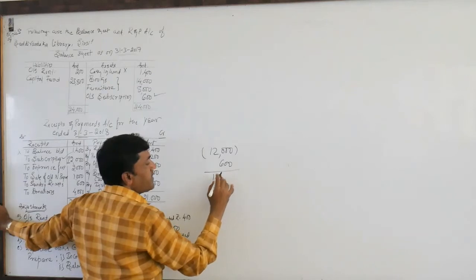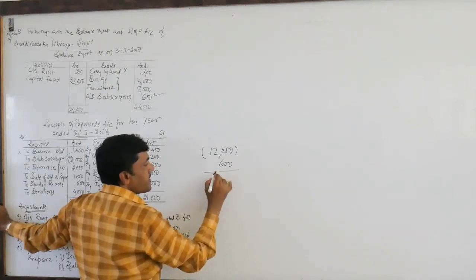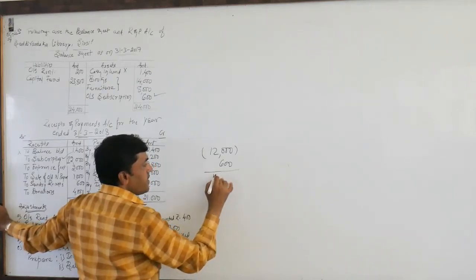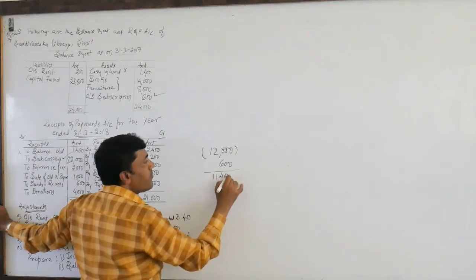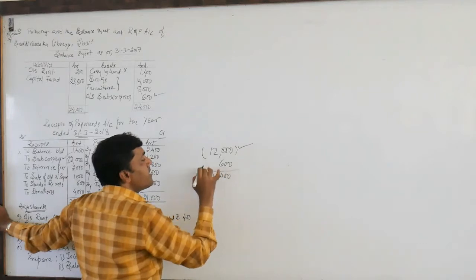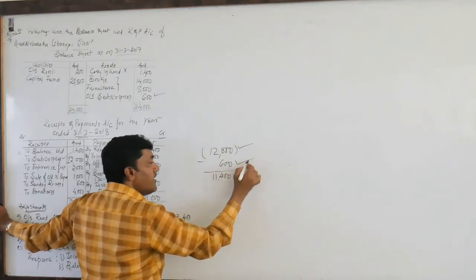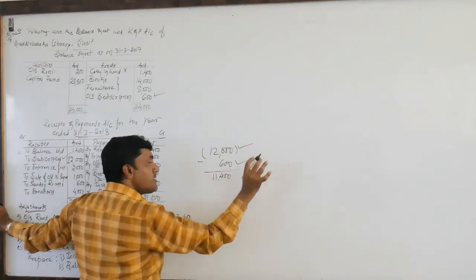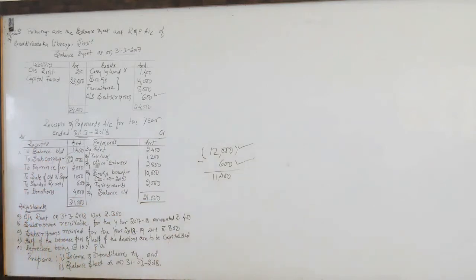The current year subscription is 11,400. 12,000 is received during the year, but out of which 600 belongs to last year, so the current year subscription is 11,400. Look here, there are some adjustments on this subscription.